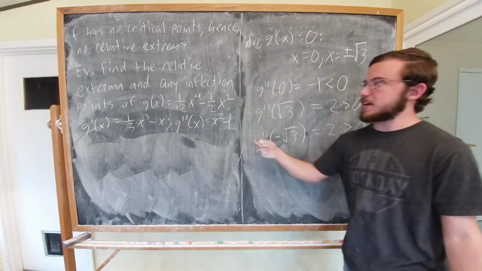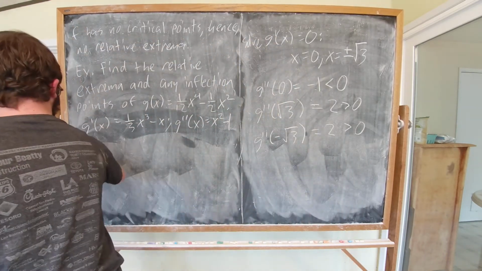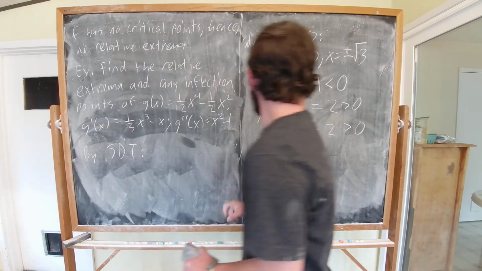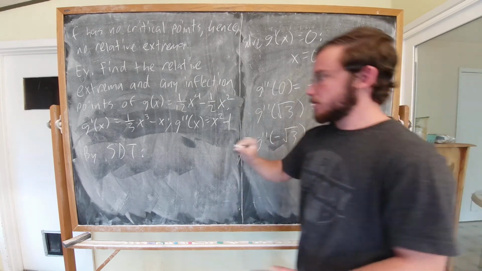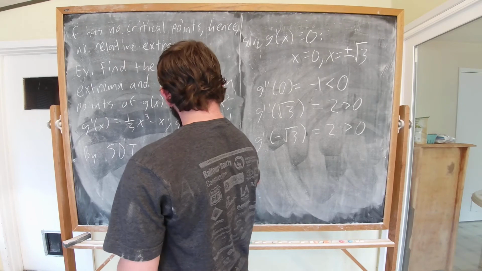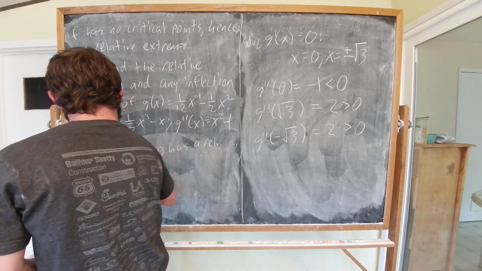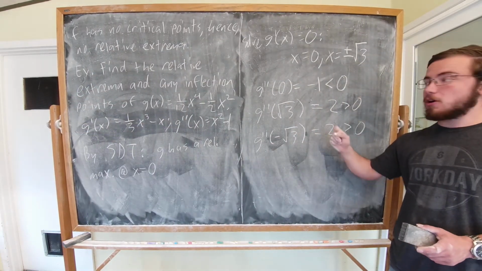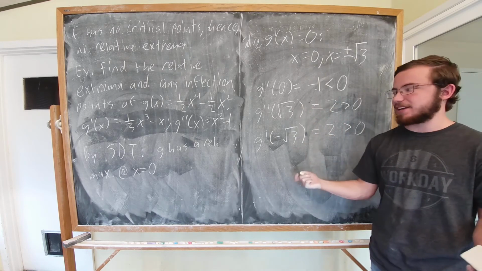So, by the second derivative test, we can now finish this first portion, finding the relative extrema. G double prime of 0 is negative 1, which is less than 0. So, g has a relative max at x equals 0. And both of these were greater than 0. Therefore, g is going to have relative mins at plus and minus square root of 3.